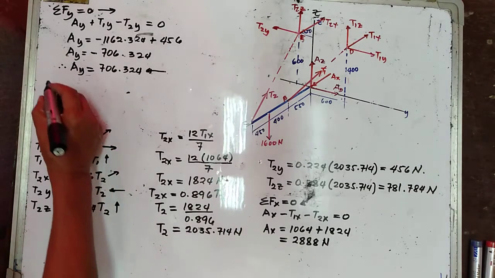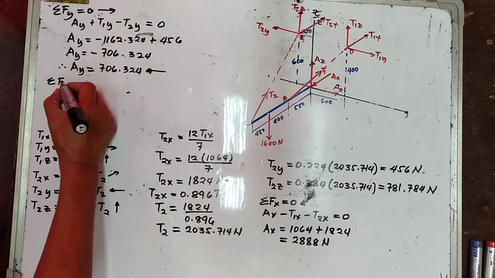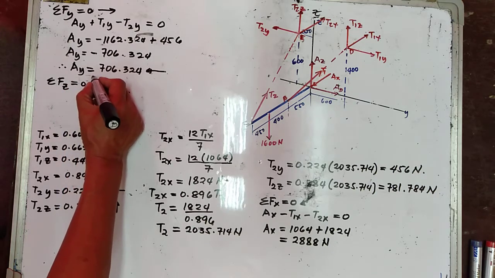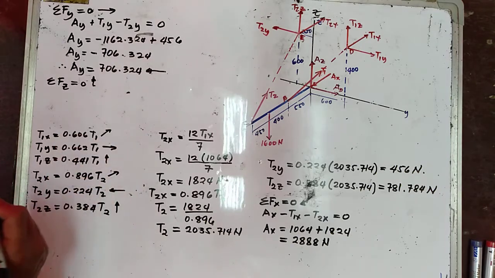Next, summation of forces in the z-axis, in the direction of the z, is equal to 0. We have upward forces positive.